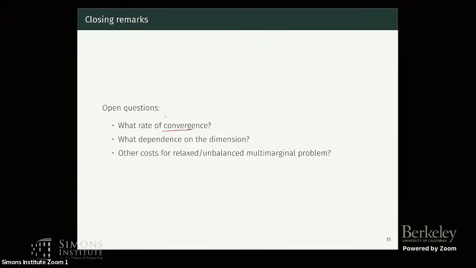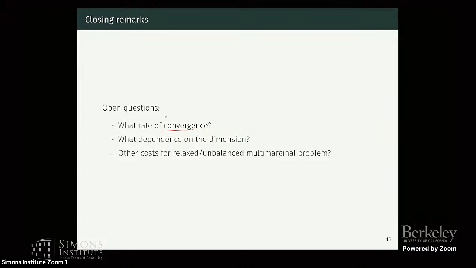The other thing is that this is related to the unbalanced problem, because the KL divergence that we added to replace the constraint allows us to have measures that are not necessarily with the same mass.